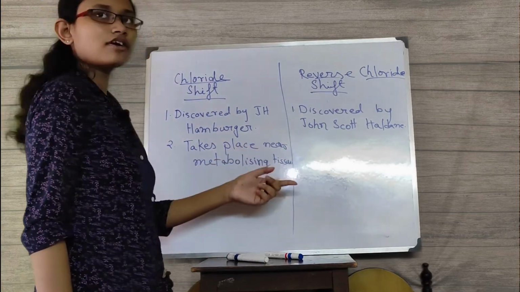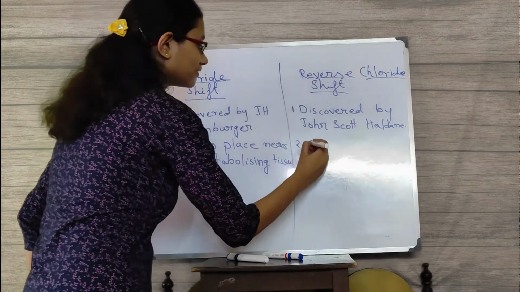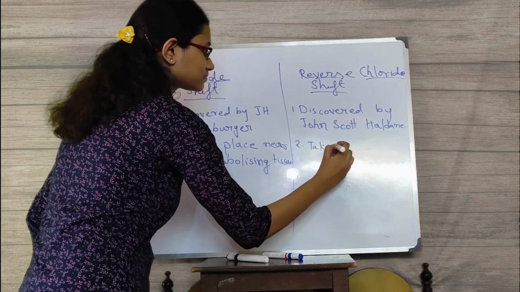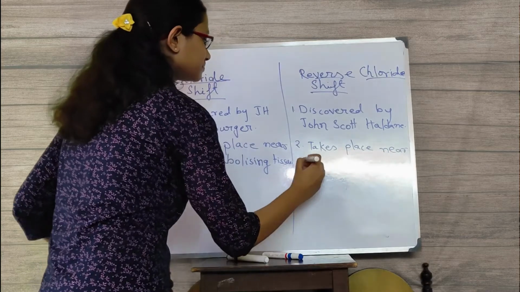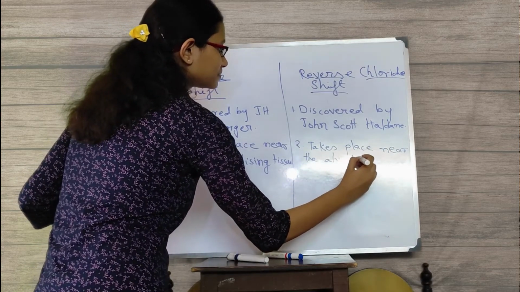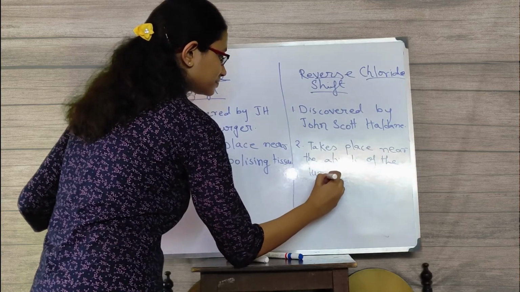Here we needed oxygen. Where did we get that from? We got that from the alveoli. So it takes place near the alveoli of the lungs.